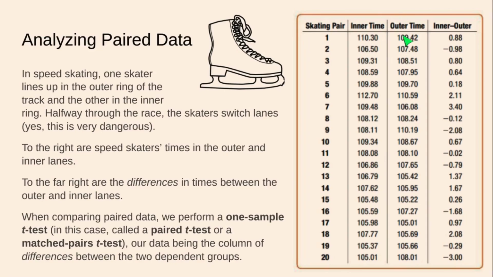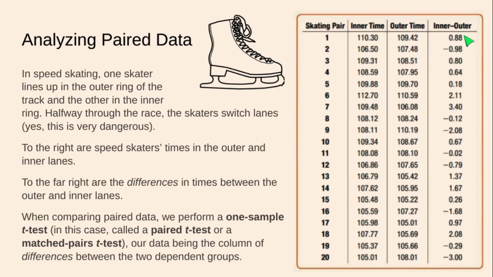One skater's skating may influence the speed of another skater, as it often goes in races. So we cannot assume that these are independent, but each difference is independent of each other difference because they are different races, different pairs. We can assume independence of differences between the inner and the outer time.